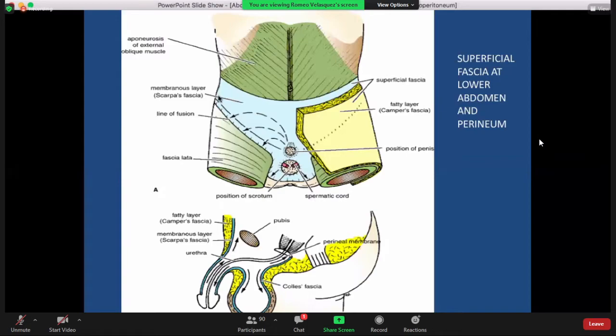So as you can see, the Scarpa's fascia will change its name once it changes the location, or the distribution of the Scarpa's fascia. And that is one example. Scarpa's in the perineum is called Colles fascia. All right.